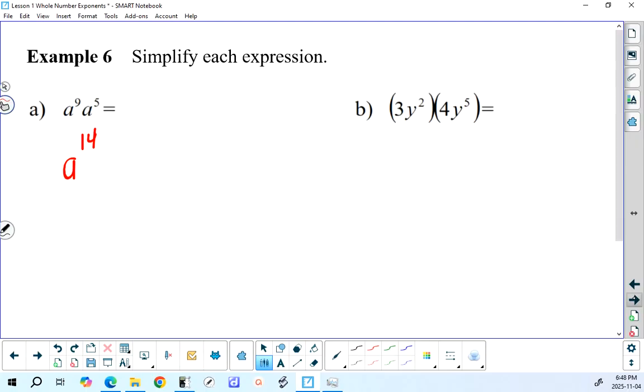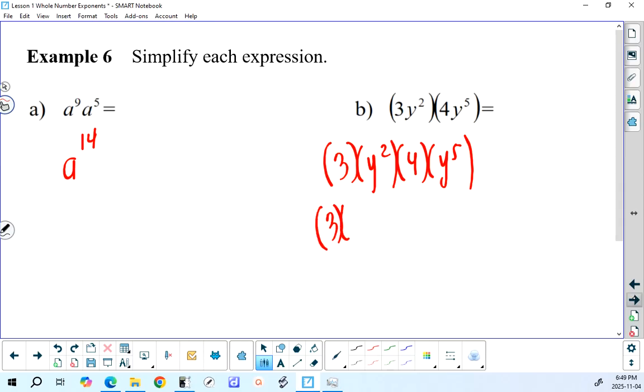You shouldn't need to think of writing out a times a times a, etc., 9 times, and then 5 times, and then counting a's. Over here, leading up to something for tomorrow, if I have 3y squared times 4y to the 5, that means 3 times y squared times 4 times y to the 5. I can change the order of these. I can say 3 times 4 and y squared times y to the 5.